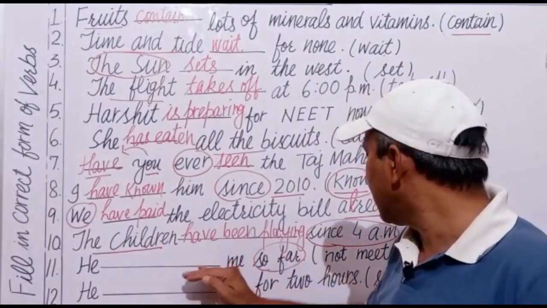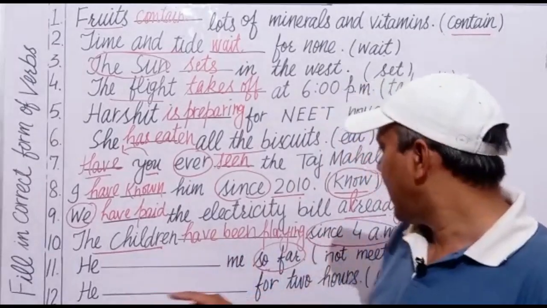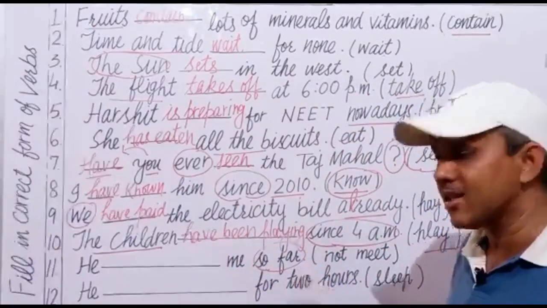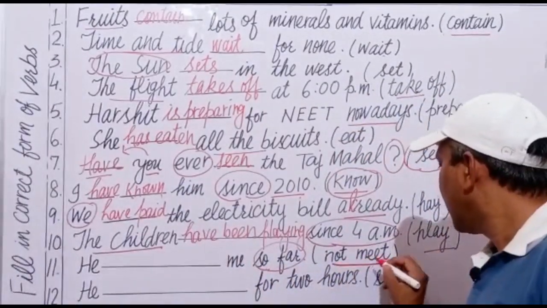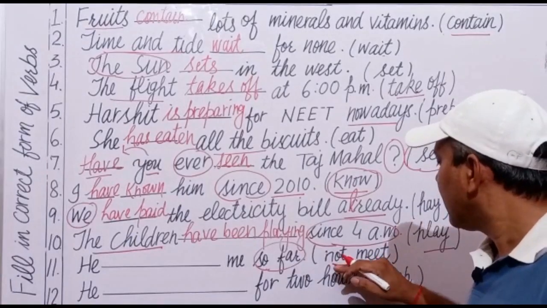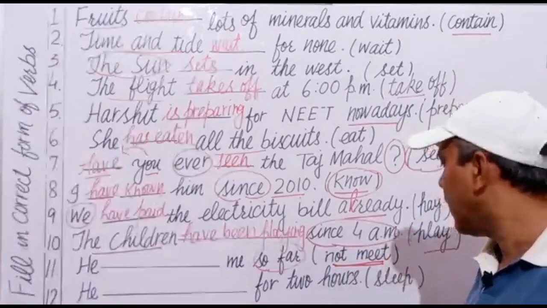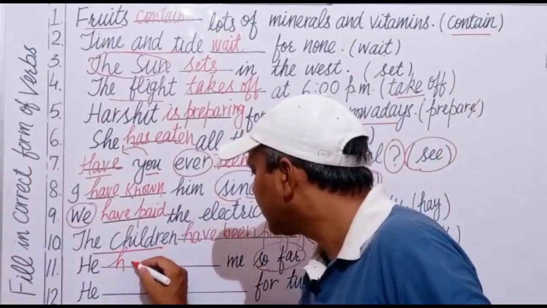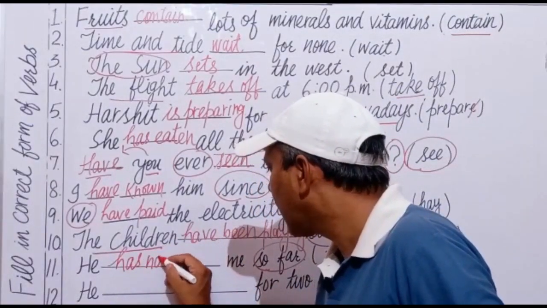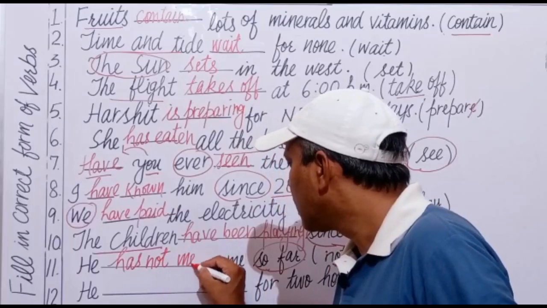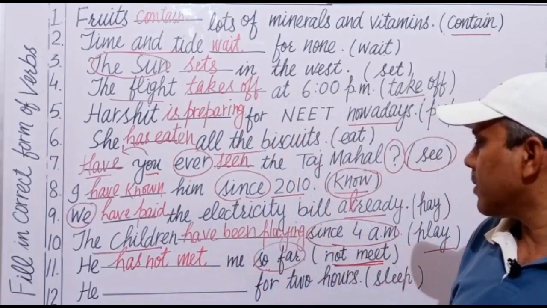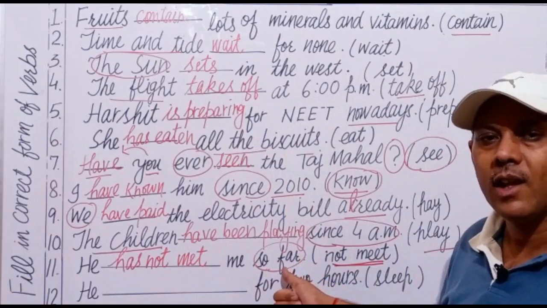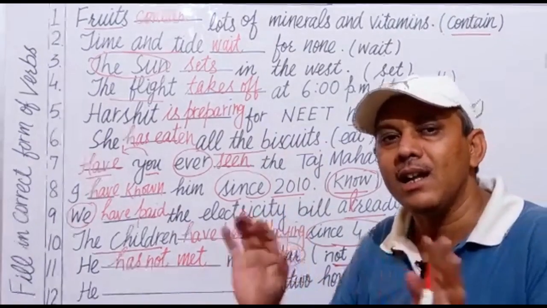It means it is a negative sentence, not an interrogative sentence. And here also, the examiner, the paper setter, has already written not meet. So, he has not met me so far. वो मुझे अब तक मुझसे मिला नहीं है.